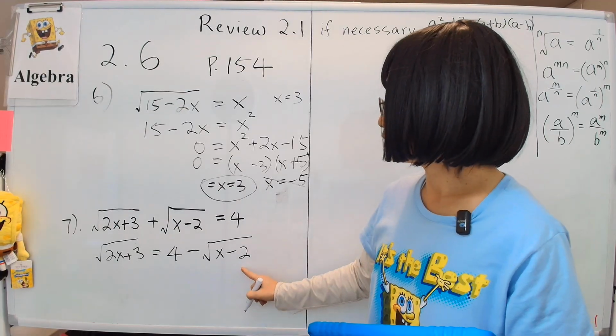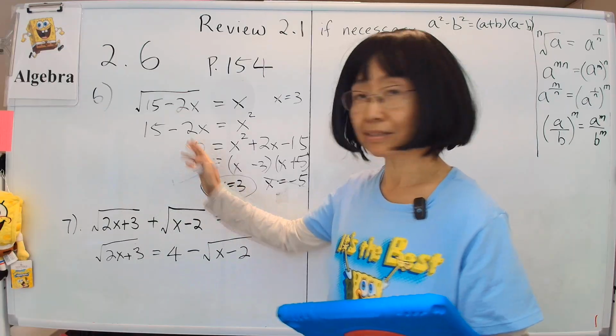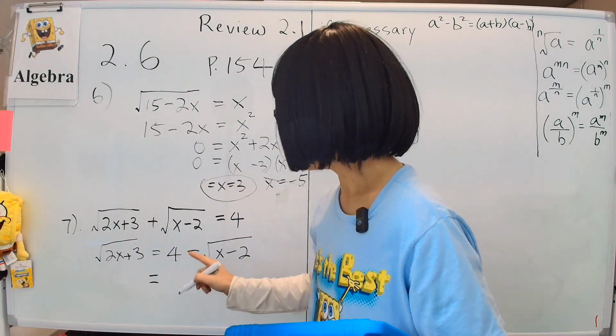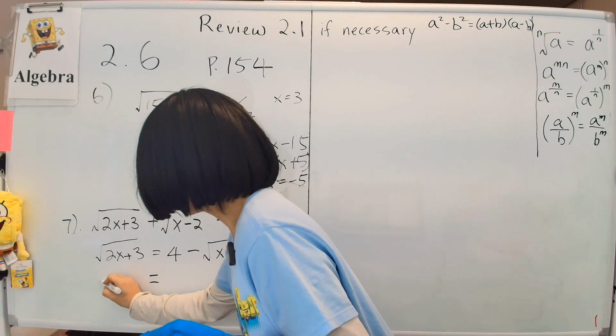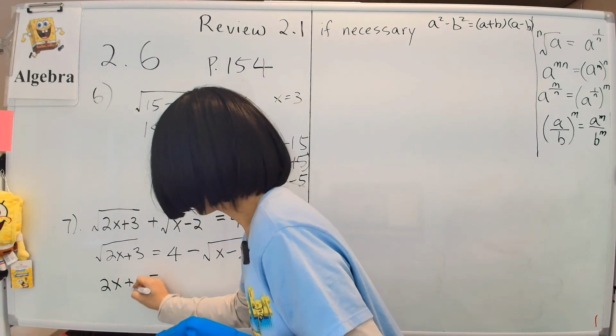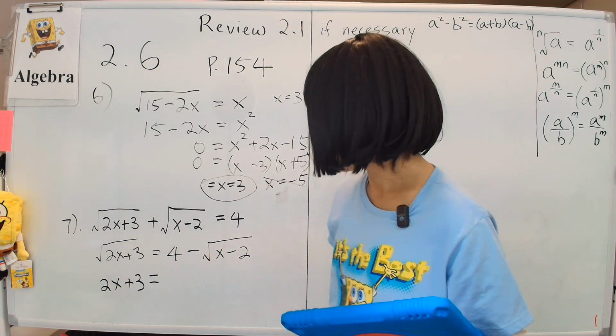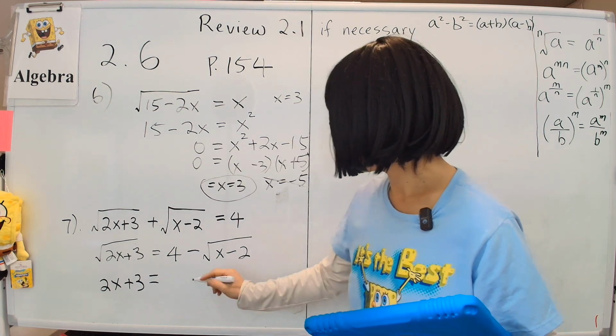And then at this point, we're going to square both sides, just like before. That doesn't sound so bad yet. So the left side is 2x plus 3, right? The square of a square root is just the thing itself. Now this side is a different story.